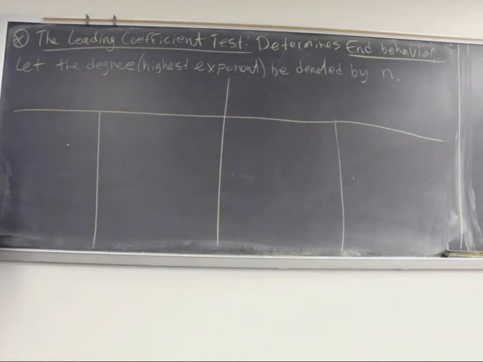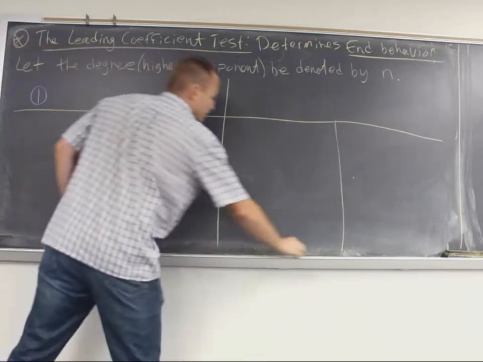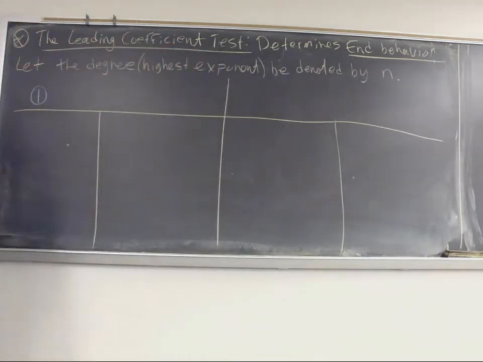So first, number 1, we want to look at, when we're doing these, you can do it in either order, but for us, it's easiest to look at what is the degree. So we look at the degree and we determine if the degree is even or odd. All right?